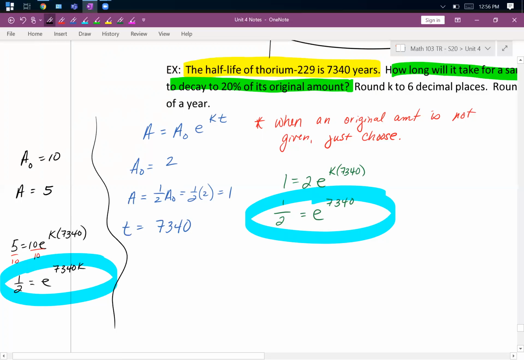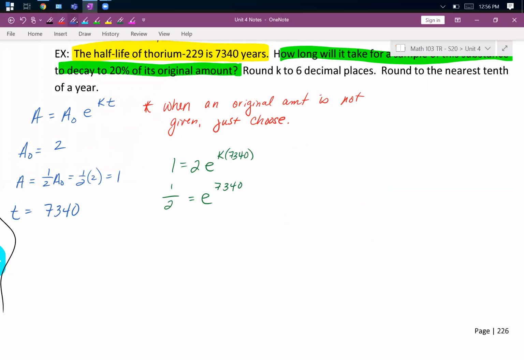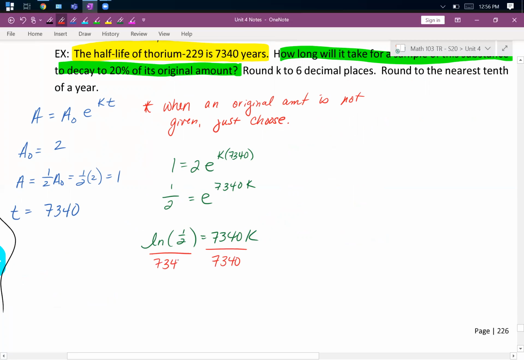All right, back to solving this. We're ready to rewrite it in logarithmic form. Natural log of 1/2 is equal to 7,340k. And then we'll divide by 7,340.